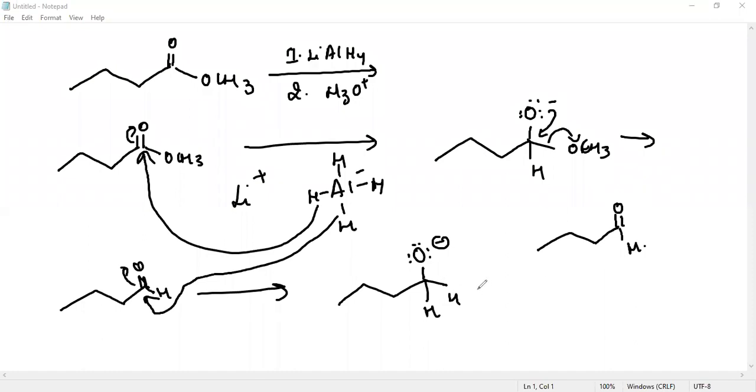It would be the next step. So the next step would be the second step, to add the hydronium ion or the water. This will grab this one, and this oxygen will grab this hydrogen. So here you have your alcohol with you, okay, with two hydrogens over here, okay. So this is how we can reduce ester into alcohol.